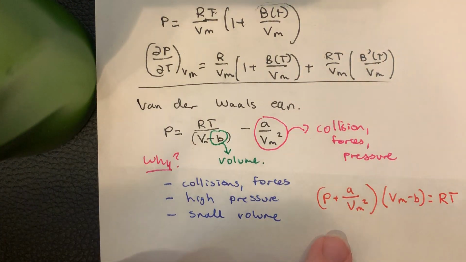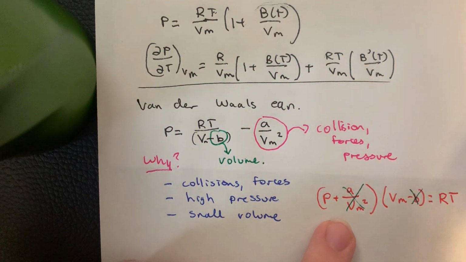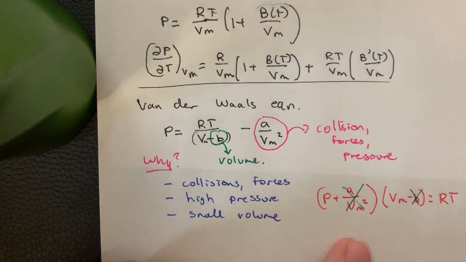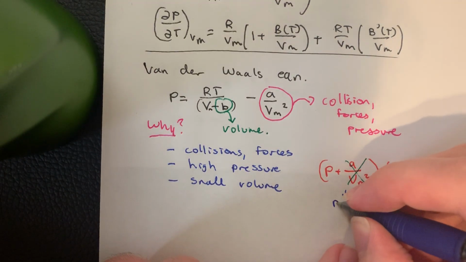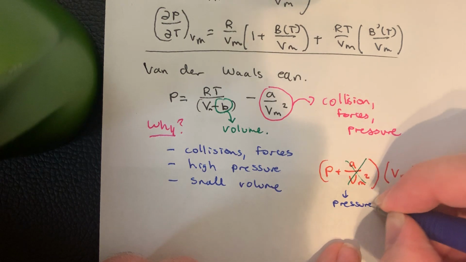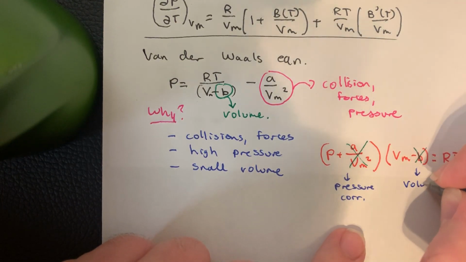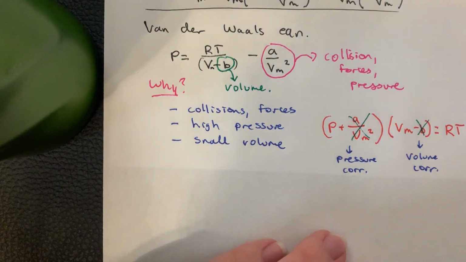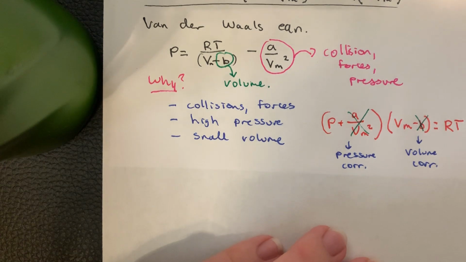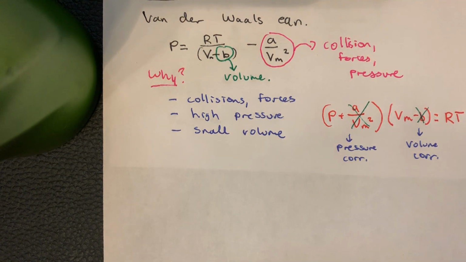So that's sort of the equation that we're used to, and we can see that if we cancel those terms out, we're left with the ideal gas law. So this could be sort of talked about as the pressure correction. And this is the volume correction. So hopefully that made you think a bit more about why the van der Waals equation is the way it is.